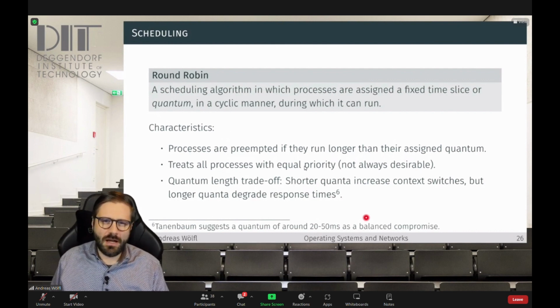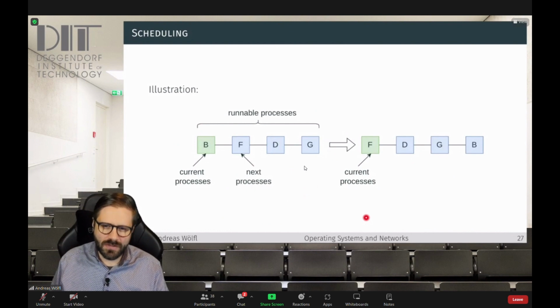Okay, let's see how round robin works. So the basic idea here is we have processes A, B, C, D. Here we have B, F, D, G. And if B is the current process, B runs as long as the time quantum allows B to run.